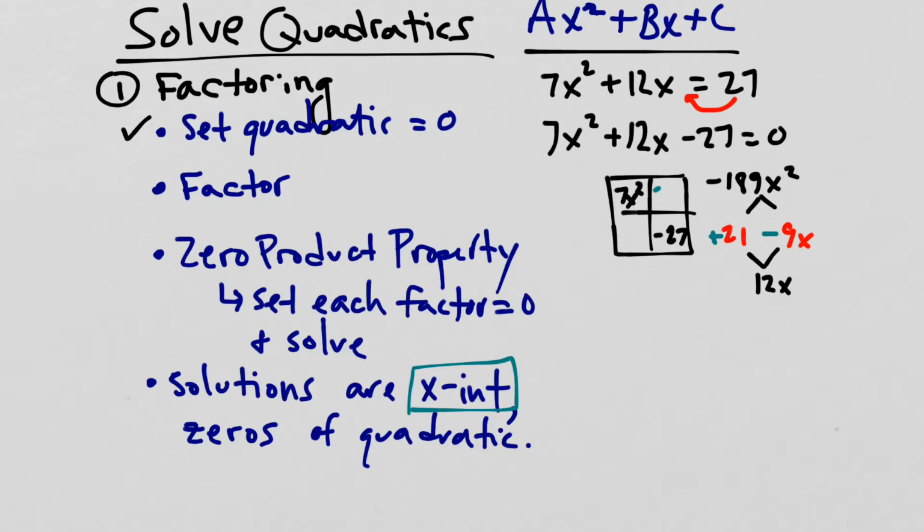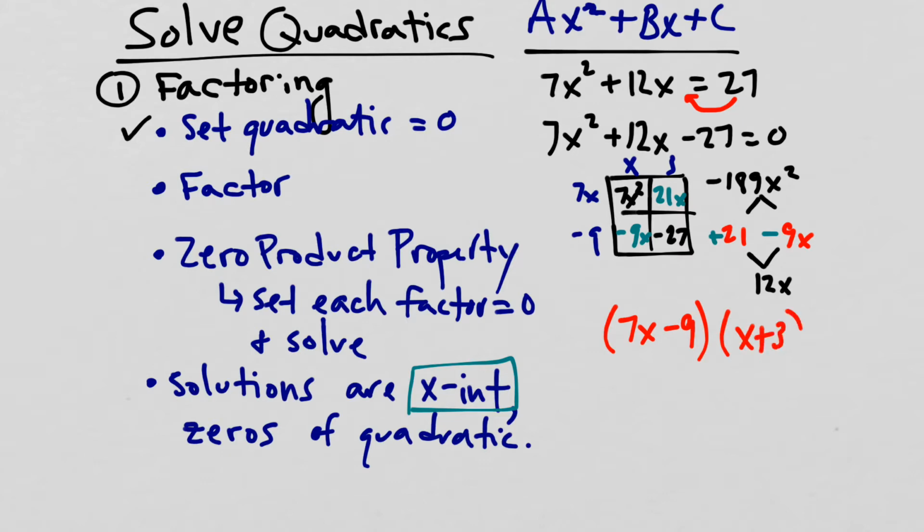So 21x and negative 9x. So now as we factor our common factor, across the top is a 7x, across the bottom is a negative 9. The left column is an x, the right column is a 3. So our factors are 7x minus 9 and x plus 3.